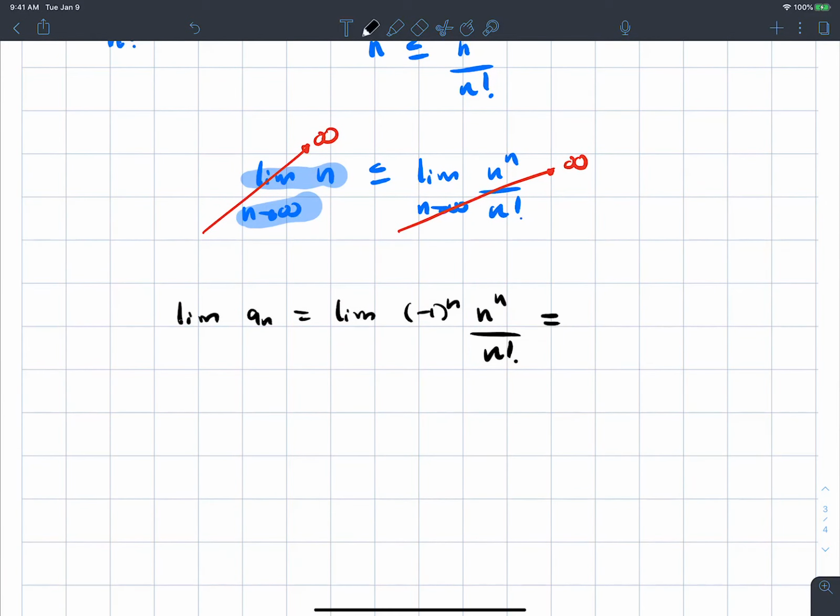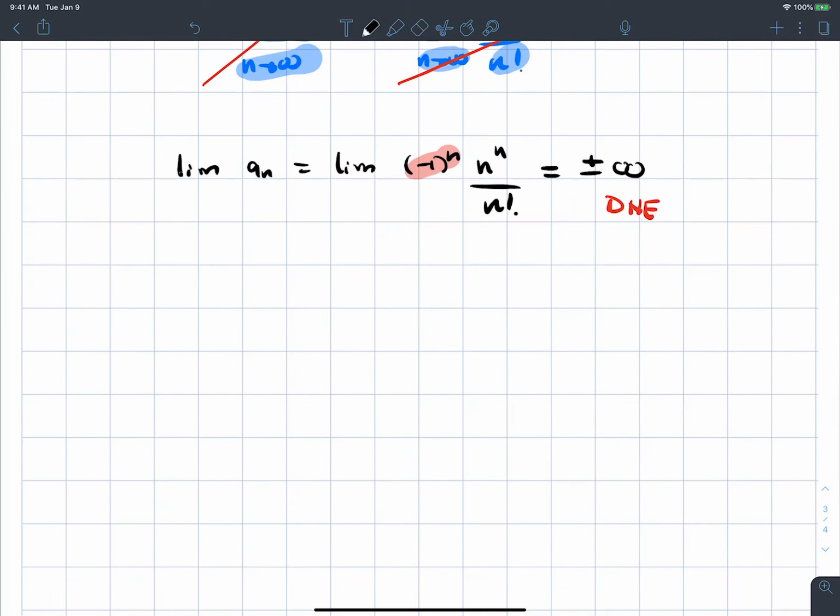This limit is plus or minus infinity, because if this portion that we just found goes to infinity, the alternating mechanism will make this go to plus or minus infinity, which really means that the limit does not exist. And if the limit of An does not exist, then this diverges by the test for divergence.